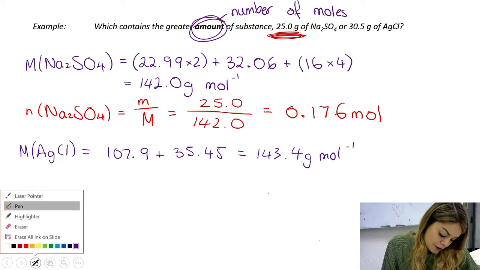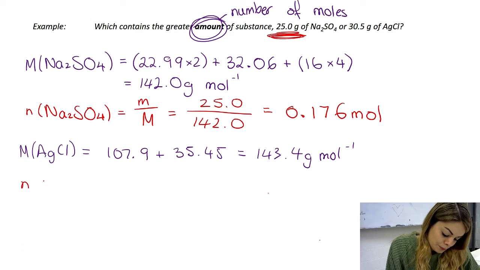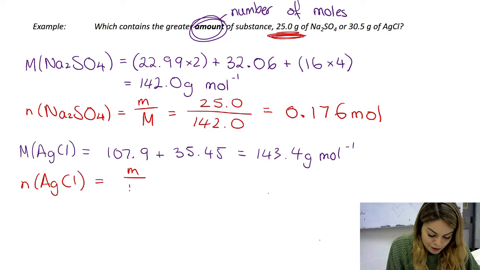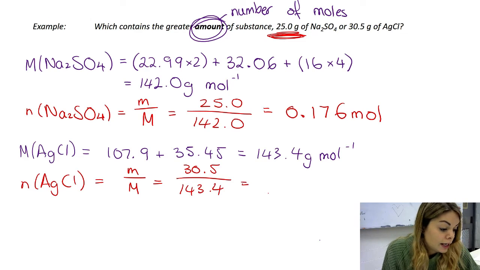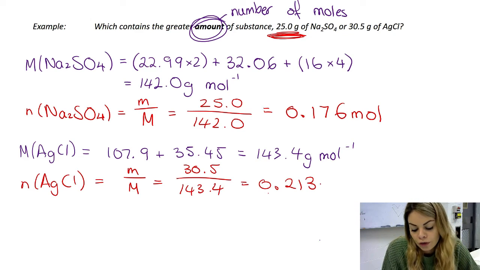So now let's find the number of moles in the same way. Number of moles of silver chloride is the mass divided by the molar mass. So it's 30.5 divided by 143.4. And the answer to that is 0.213 mole.